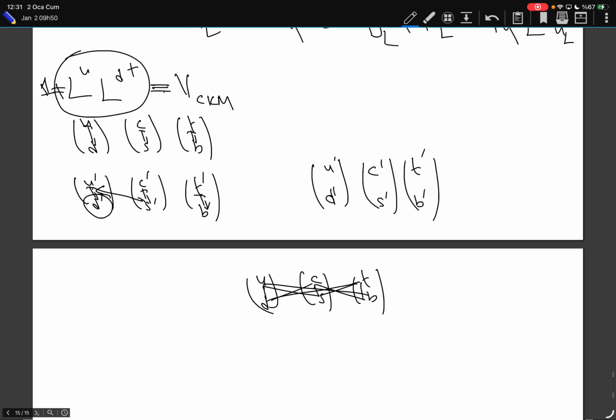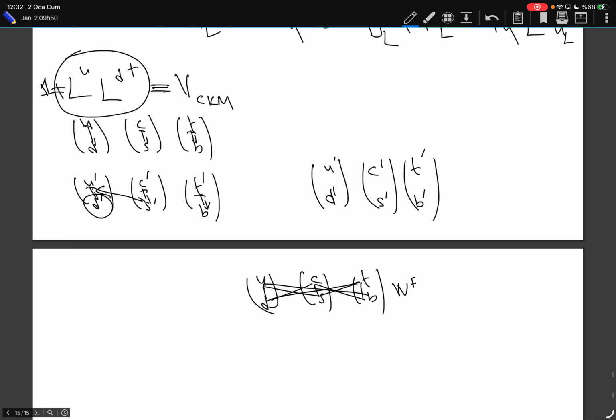All those transitions are possible in interaction by omega plus or minus. Well, the up-type quark has to become a down-type quark if it emits such a positively charged omega from charge conservation. So with charged currents, you are forced to change the particle type.